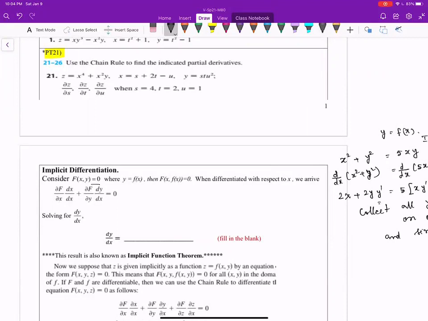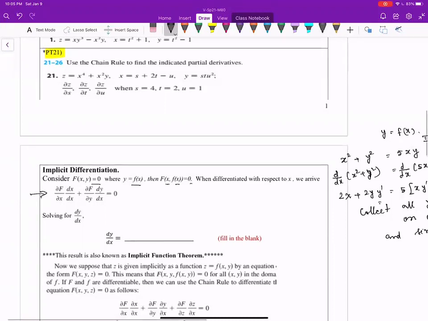Consider f of x, y equal to 0, where y is a function of x. Let y equal f of x. Then F of x comma f of x equals 0, because you are replacing y with f of x. When differentiated with respect to x, we arrive at the partial derivative of uppercase F with respect to x times dx over dx, plus the partial derivative of uppercase F with respect to y times dy by dx, equal to 0.